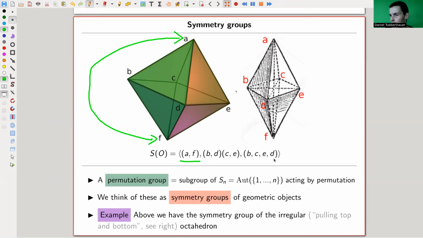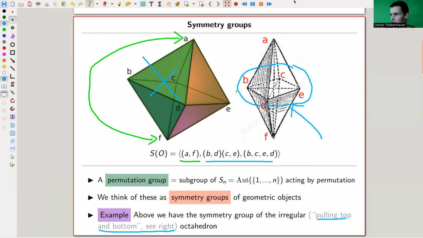But anyway, a permutation group for me is a subset of a symmetric group acting by permutations on some geometric object. And the geometric object I really have in mind is not really this one. It's just easy to illustrate, but I take A and F and pull them out a little bit. So I break a few of the symmetries. So I have this irregular pulling out top and bottom type of octahedron here. And that's really where I act on. And all the symmetries still make sense because those three are really just doing something in the middle, right?